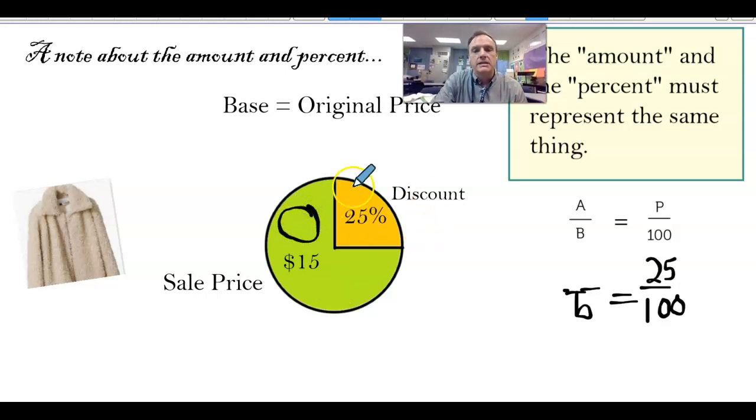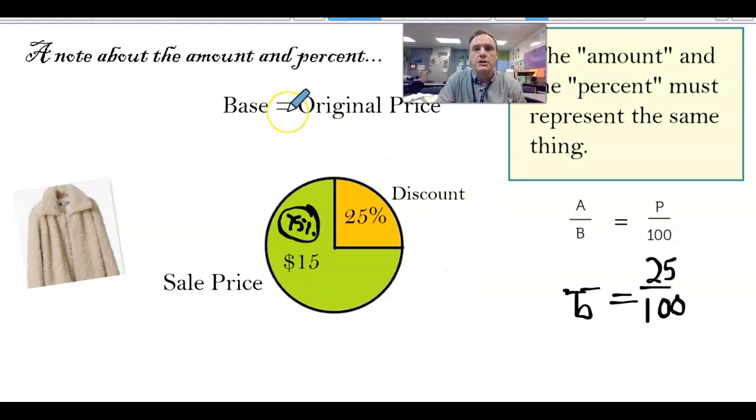We need the percent that belongs here. What's that? So we can just kind of logically think about this. If I know that the entire original amount is 100% and I save 25%, what's the percent that I pay here? It's 75%. So we know now what the percent of the sale price is. Here's another way of saying it.